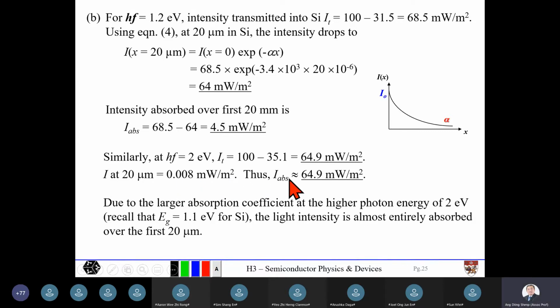So the amount of light absorbed is practically the entire amount, about 64.9 milliwatt per meter square. For the second case involving more energetic photons, most of the light will be absorbed, so no light can propagate through the semiconductor and escape at the other end.